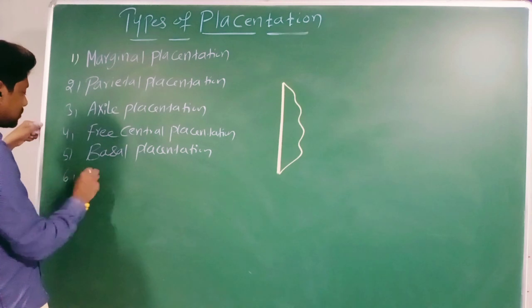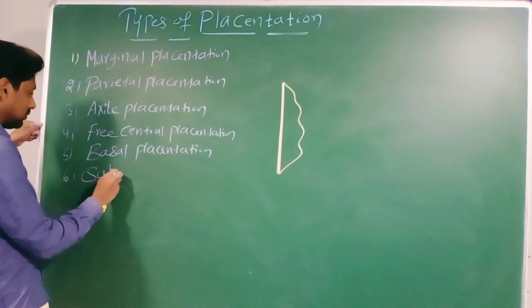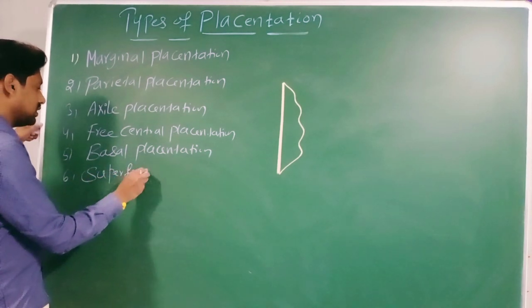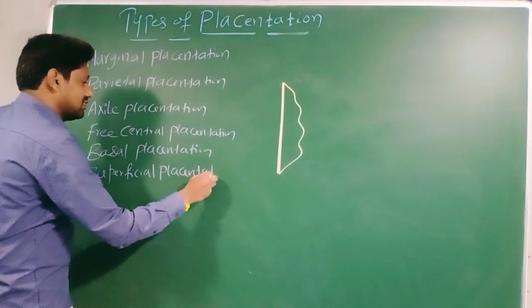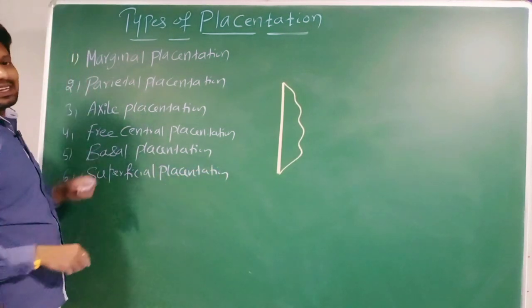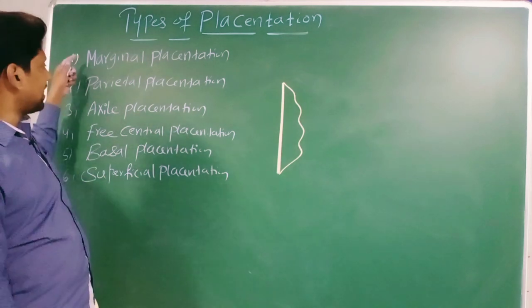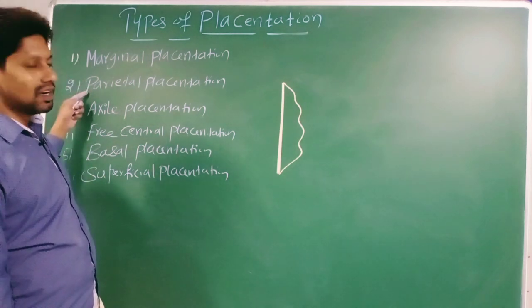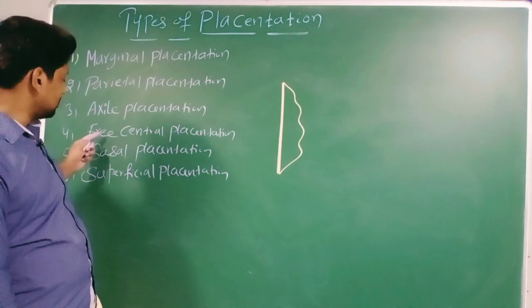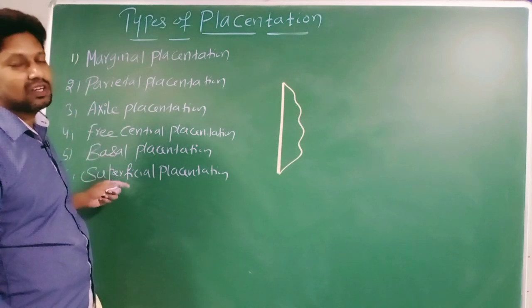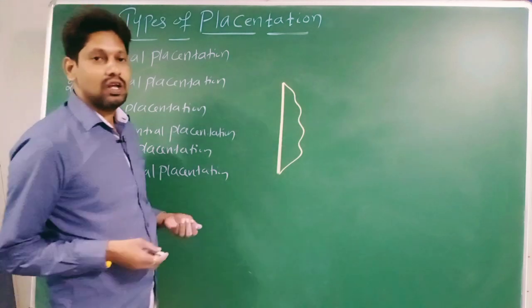Okay. Number 6, superficial placentation. These are the various types of placentations: marginal placentation, parietal placentation, axial placentation, free central placentation, basal placentation, superficial placentation.